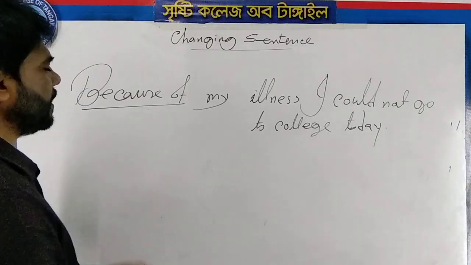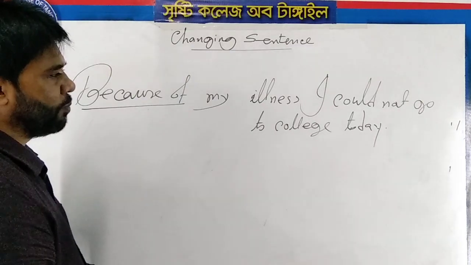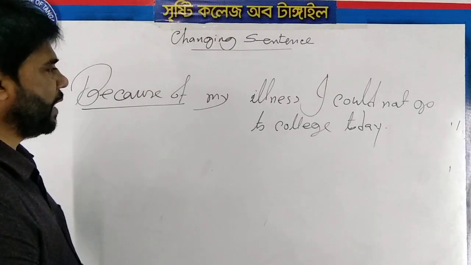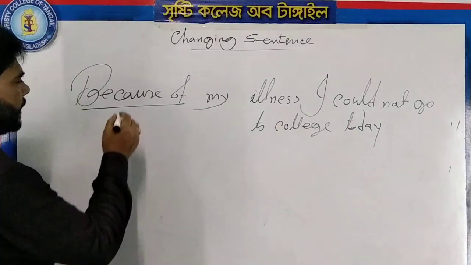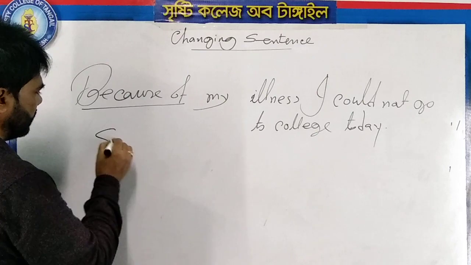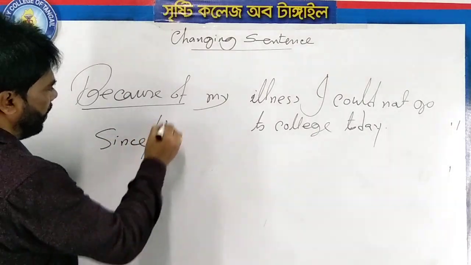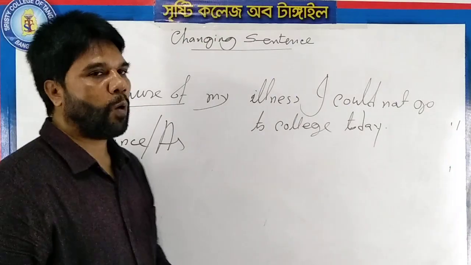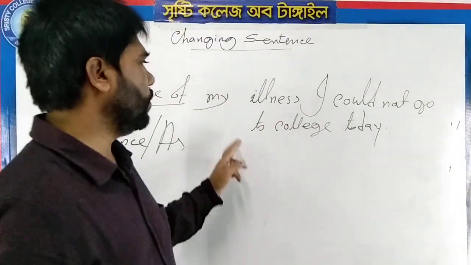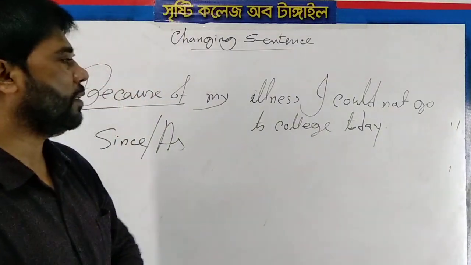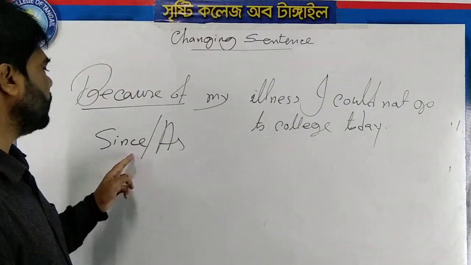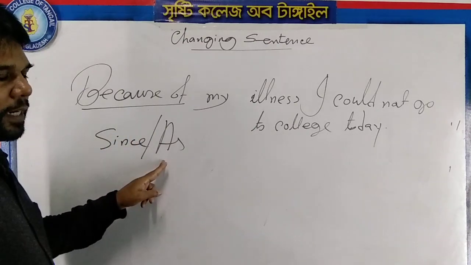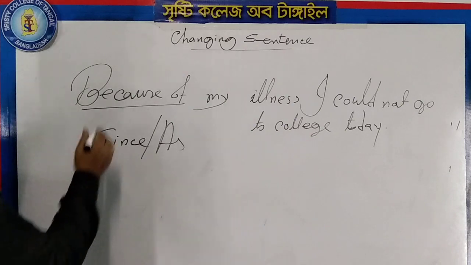If you are given these kinds of simple sentences for changing from simple to complex, you have to use since or as at the place of because of, owing to, due to. Follow me.